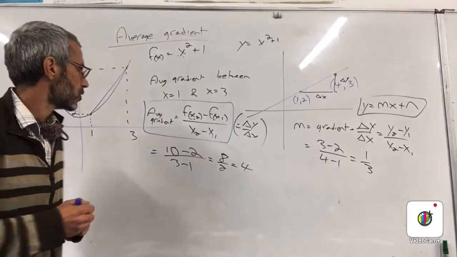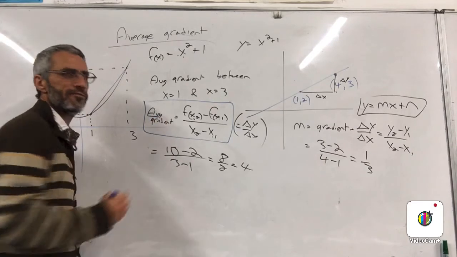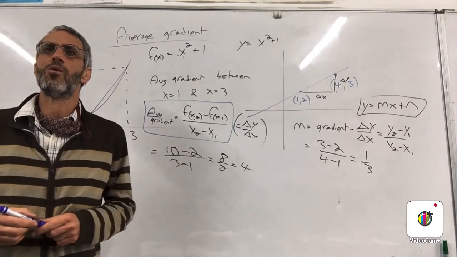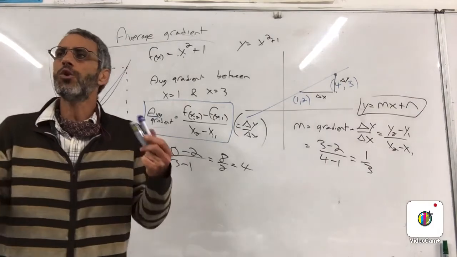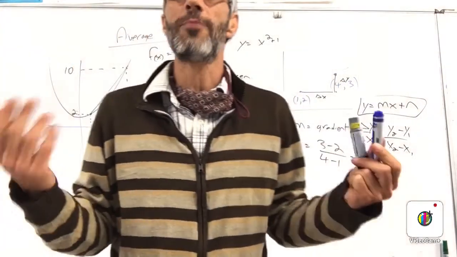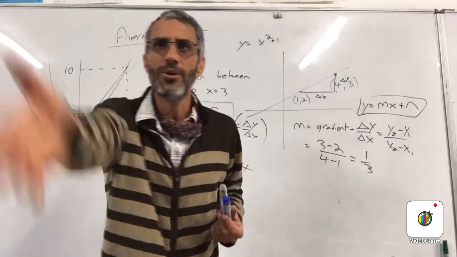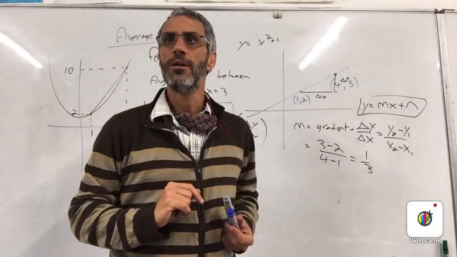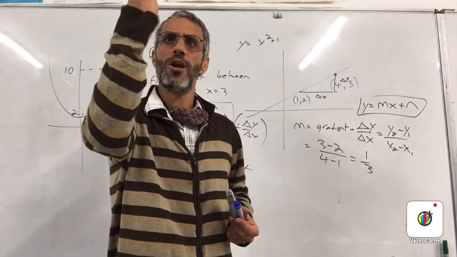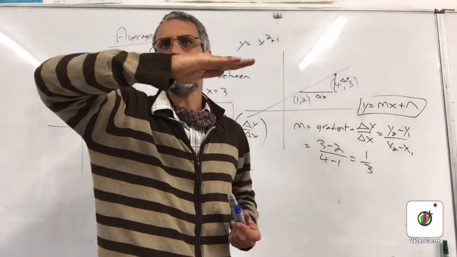Now I'm going back to the question. Why did I have to use the word average? Why can't I just say the gradient is 4? Because it's not a straight line. Well done, Jack. Give me another word to describe gradient: steepness, the degree of the slope. Some slopes can be very steep, some not steep.